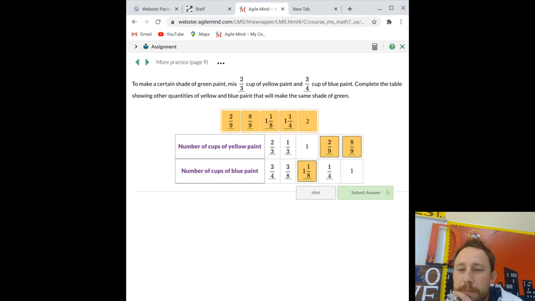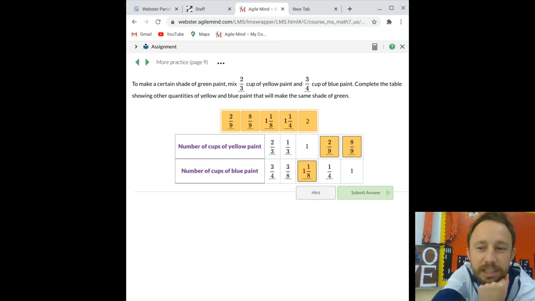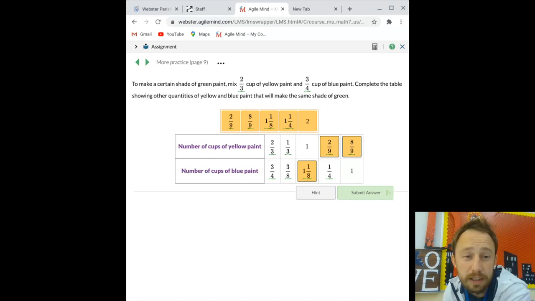Good. And then I said we needed to take 3, because that's our scale factor, and multiply it by 3/8. We did 3/8 times 3, and we got 9/8, which equals 1 1/8.